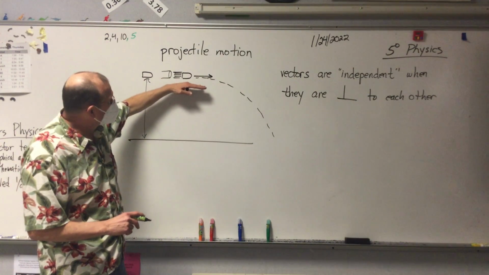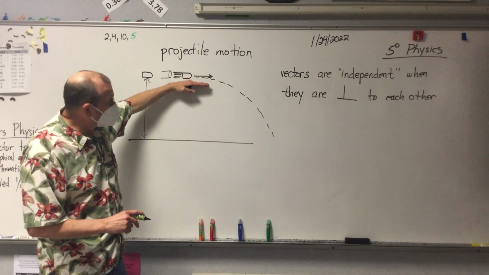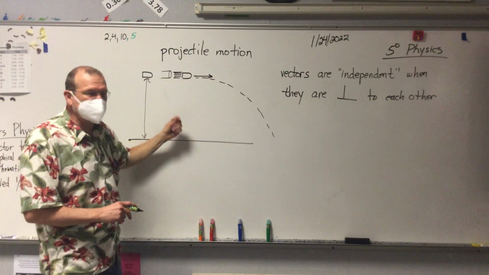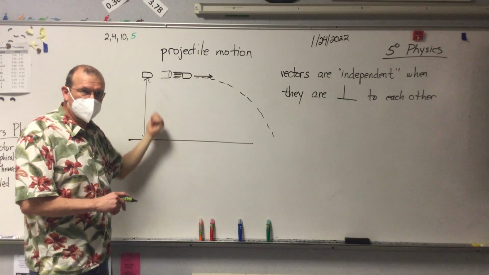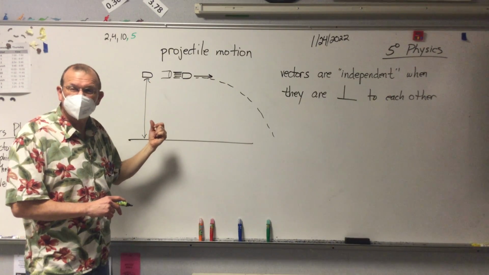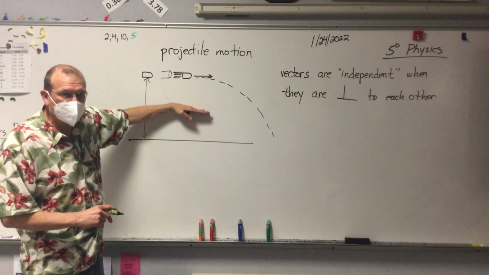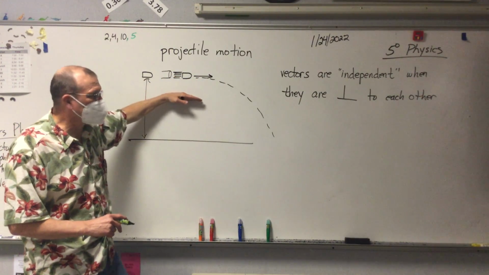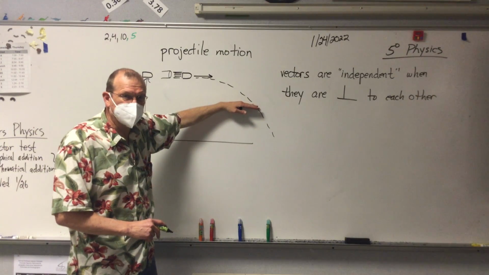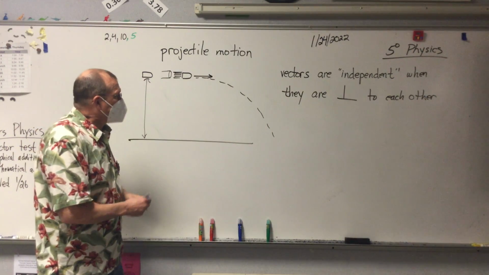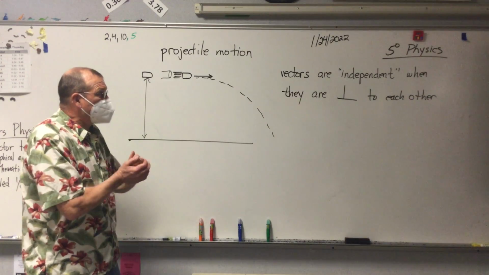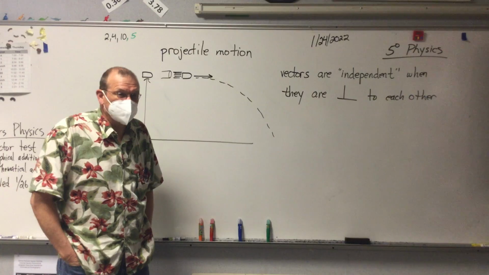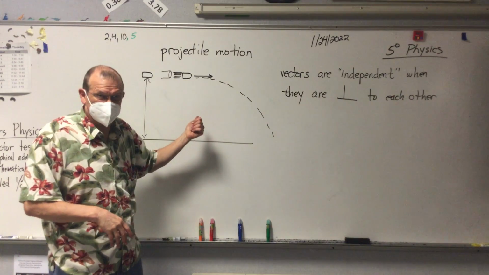But vertically speaking, this bullet will be doing exactly the same thing that this bullet that got dropped is doing. The only difference is, while it is moving down vertically, identically to this one, it is also moving to the side. So what we are going to try and do is model this thing.